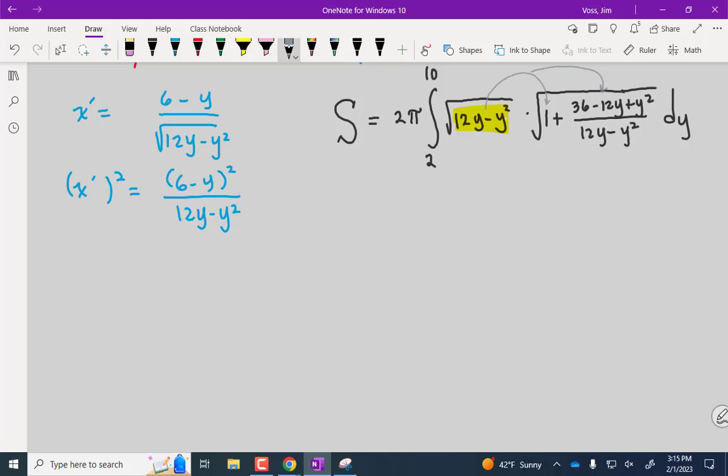And once again, we notice this common pattern that we have a denominator that's going to cancel. So this will be the square root of 12y minus y squared times 1, multiplied by the first part of the second square root. And when we multiply it by the second part, it cancels with the denominator, so we end up with just the numerator.